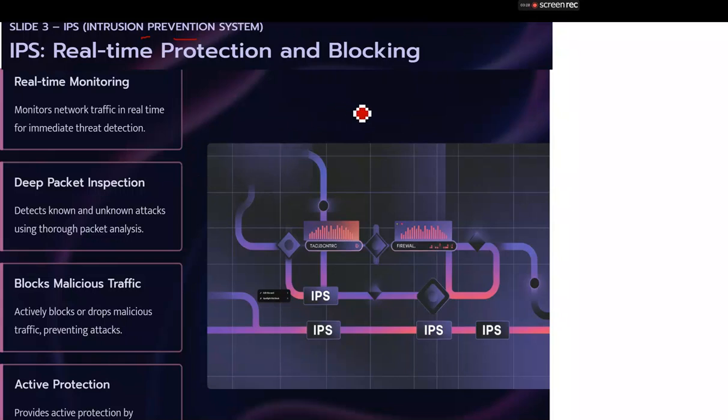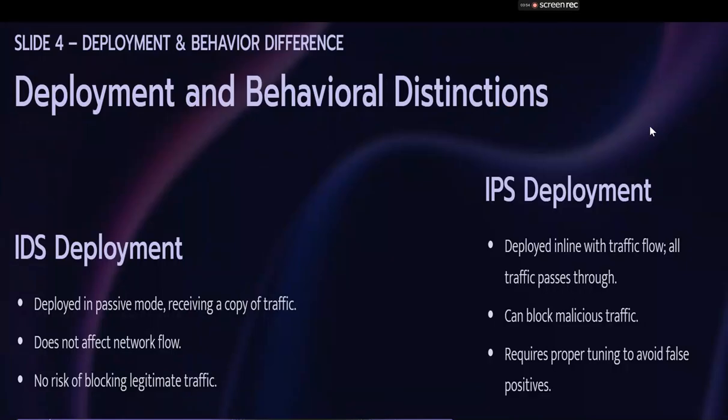This means the attack will not reach the server or application. That's why IPS is used for real-time protection in enterprise networks. So let's clearly summarize the main difference. IDS detects and alerts, IPS detects and blocks.